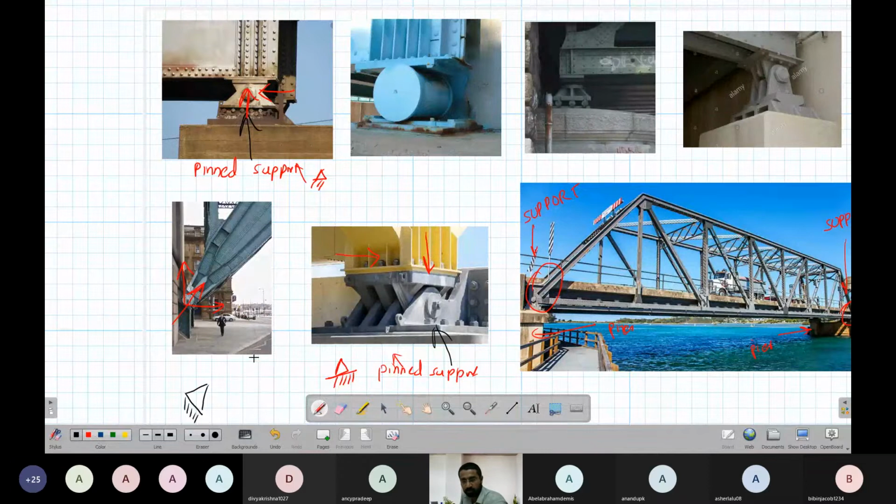Now this is what is known as a roller. For a roller, if I apply a force in the vertical direction, it will give a reaction.